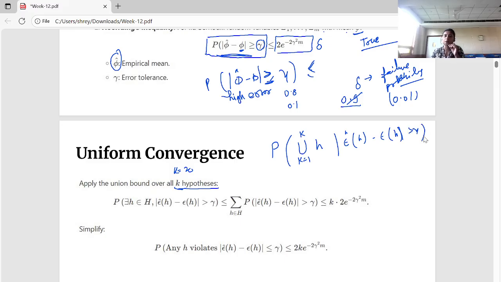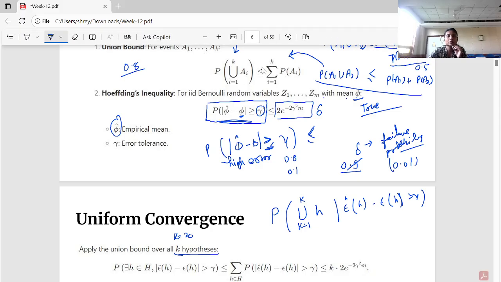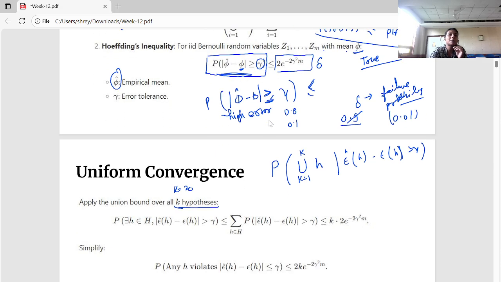Because Hoeffding's inequality gives this for a single hypothesis, I want to calculate it for all the hypotheses. So the union is less than or equal to the summation, and it is also less than or equal to, so we can combine these.